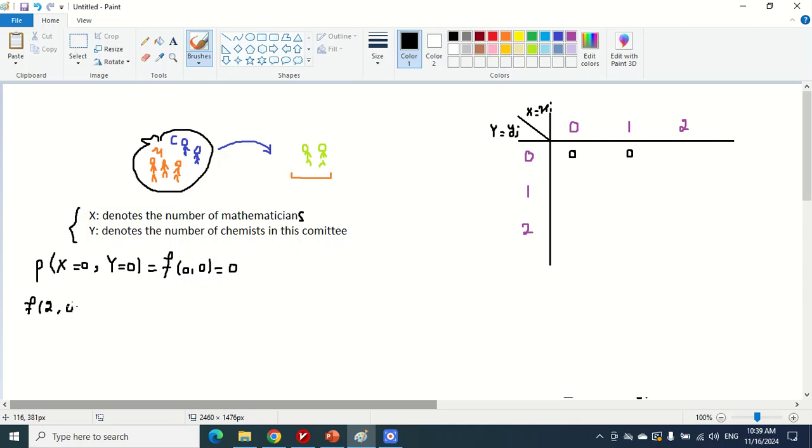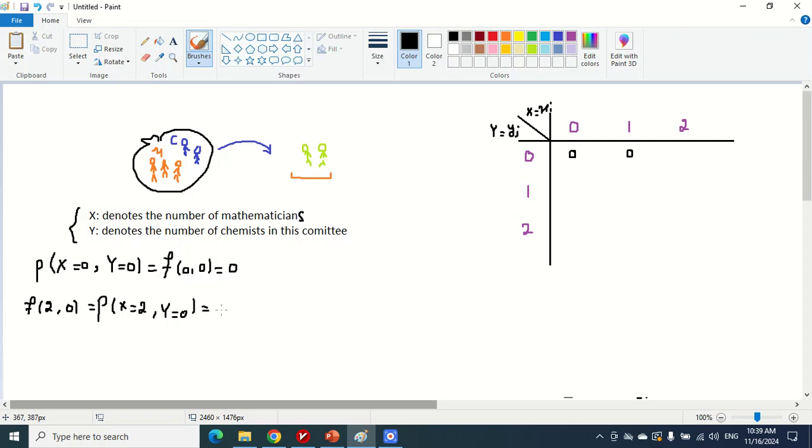I'm looking for the probability of X equal to 2 and Y equal to 0, which means I need a committee of size 2 where both of them are mathematicians and there is no chemist inside that committee.